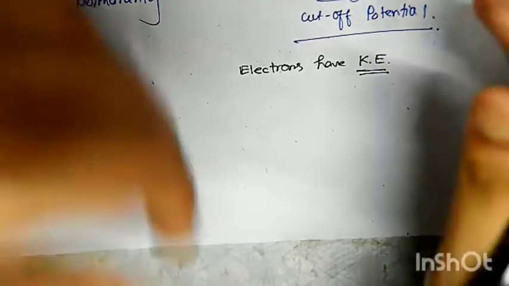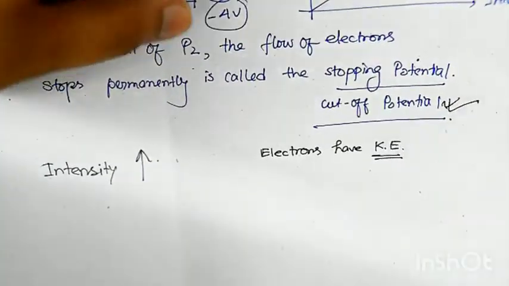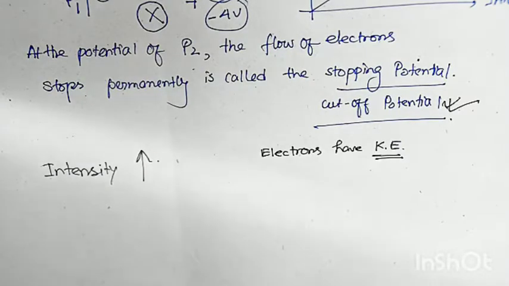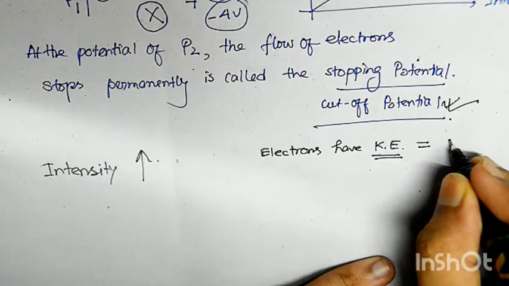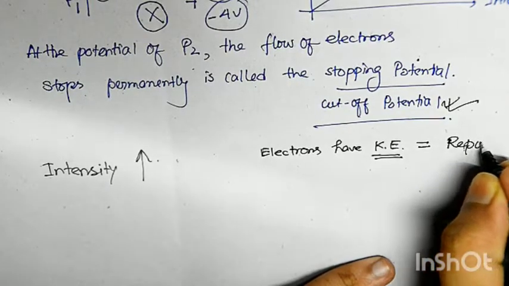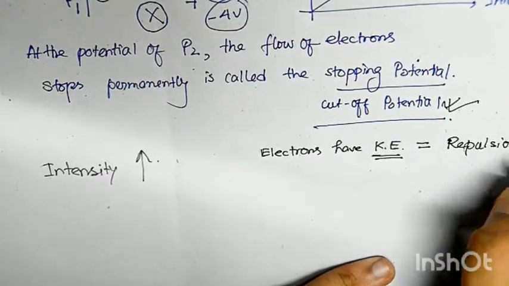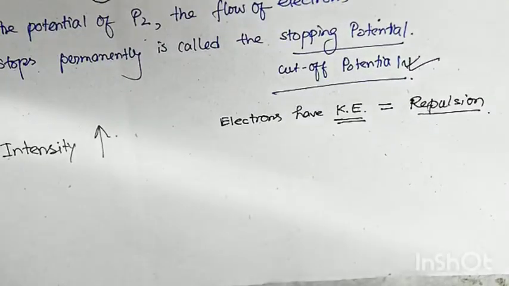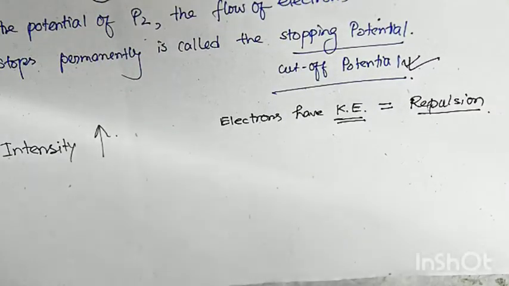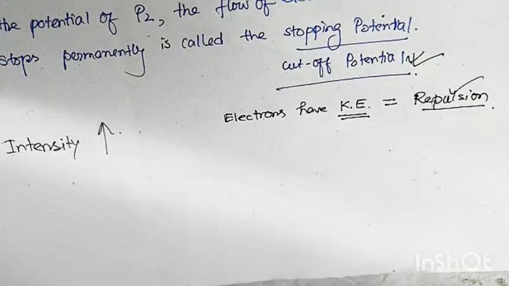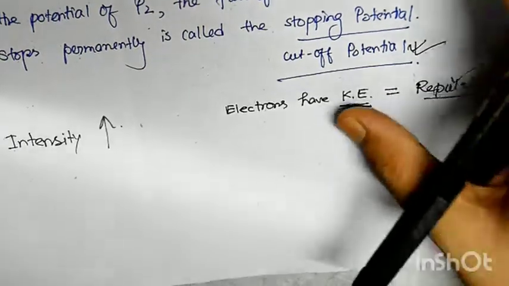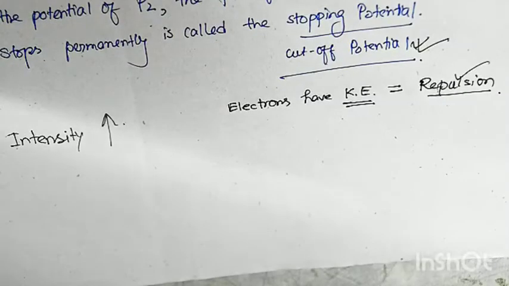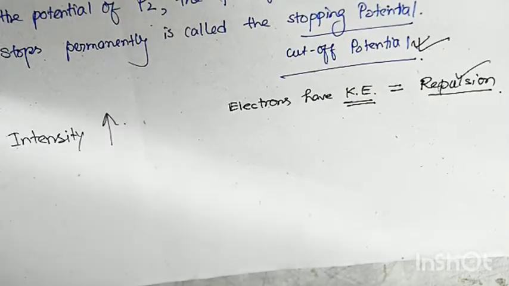But when this cutoff potential, or the stopping potential, is reached, the kinetic energy of the electrons becomes equal to the repulsion given by the Coulombic forces. That is why this marks it: if I know how much repulsion is provided by them, I can equate it with the kinetic energy of the electrons, and it is very easy to calculate the kinetic energy of the electrons from this case.